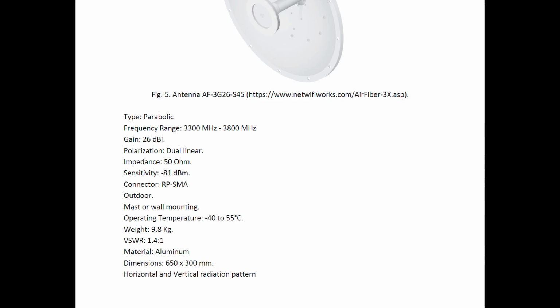For this radio link, I designed the frequency range according to this antenna, that is 3.3 gigahertz or 3300 megahertz, and the gain is 26 dBi, and the sensitivity is minus 81 dBm. These parameters are very important for the design.